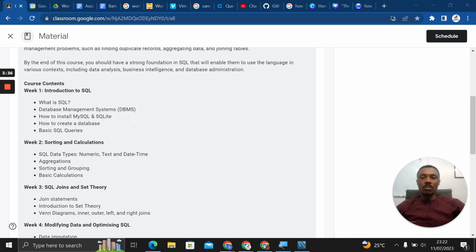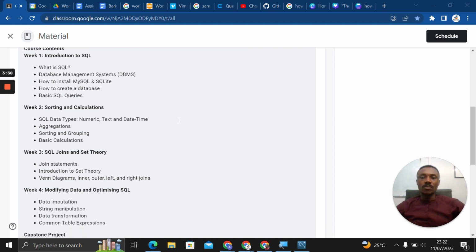In week one, we shall begin with the introduction to SQL. You learn what SQL is all about, database management systems, and how to install MySQL and SQLite. These are the two management systems that we would use to explore SQL. Then you learn how to create a database in the first week and some basic SQL queries.